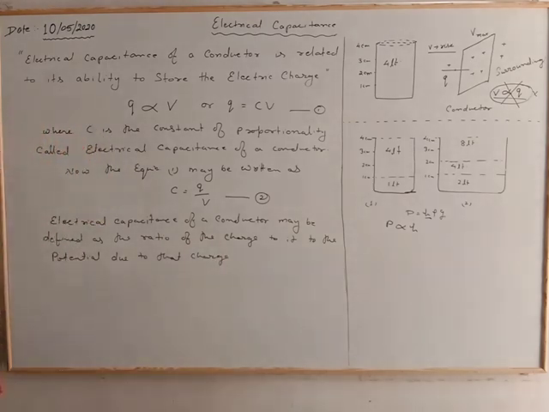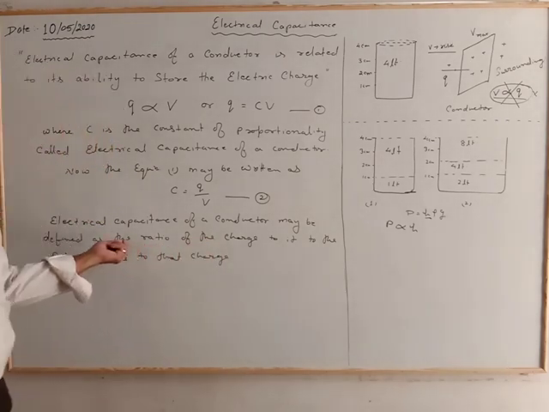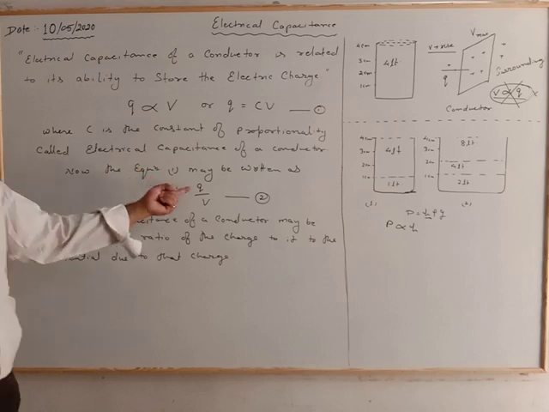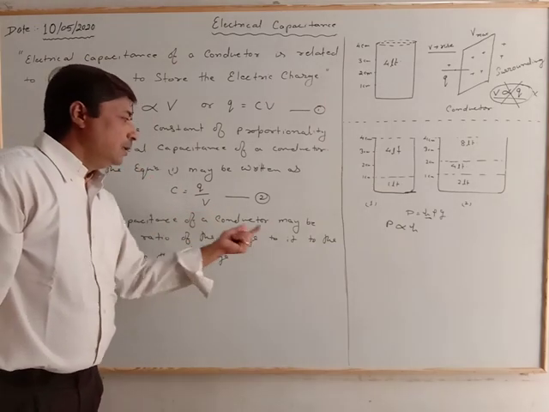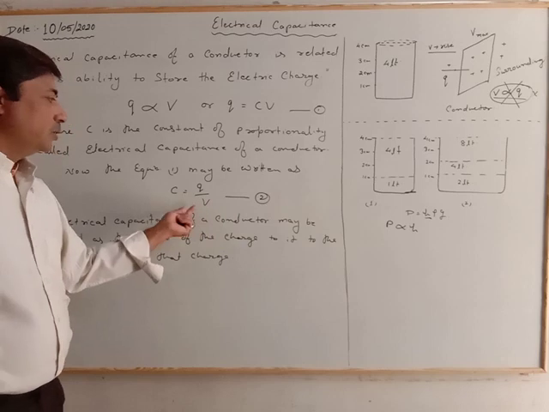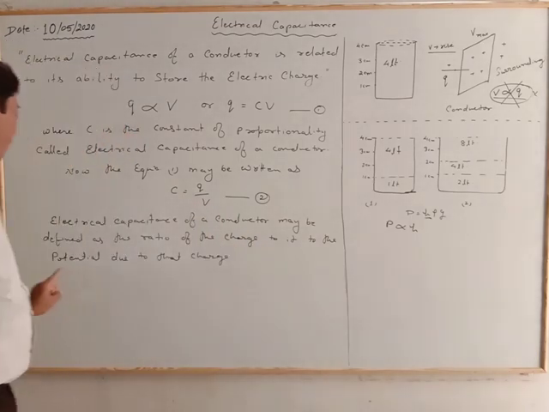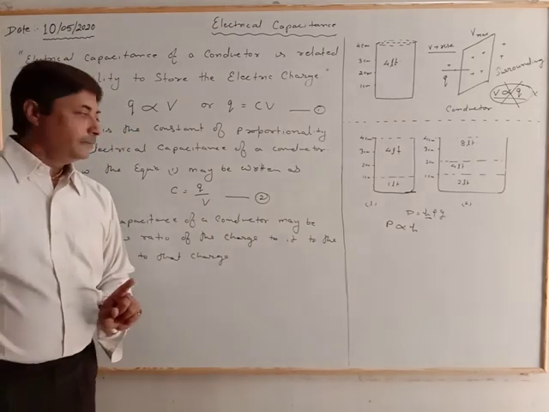So capacitance may be defined as the ratio of the charge on the conductor to the potential due to that charge.